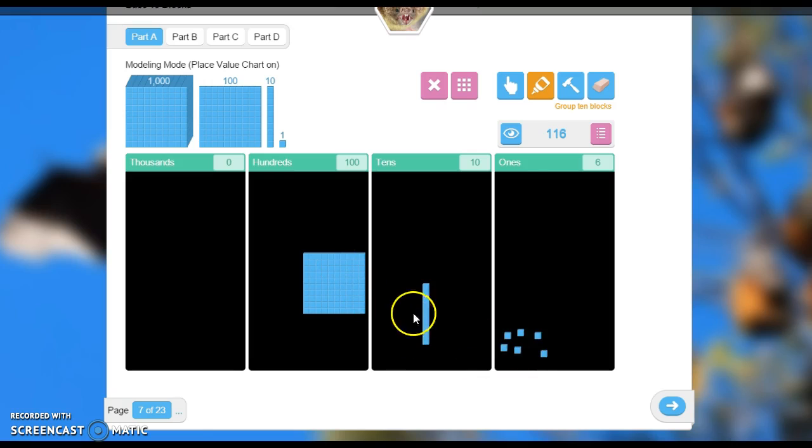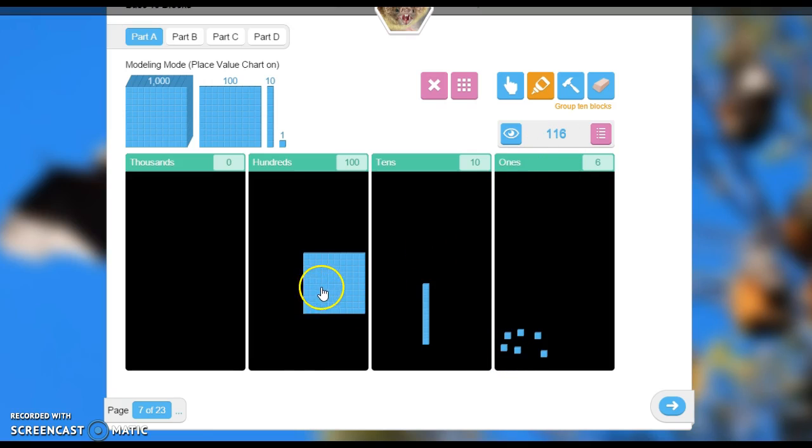So this can be kind of confusing to students sometimes as a representation for a number. Because remember, when they first learned to count, they were counting objects. So you can imagine a student saying, all right, one-to-one correspondence, 1, 2, 3, 4, 5, 6, 7, 8, which is nowhere near 116.